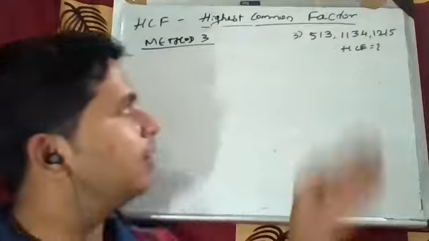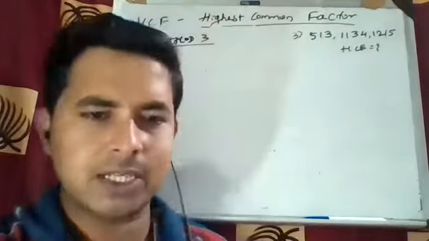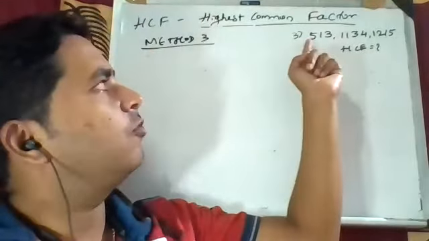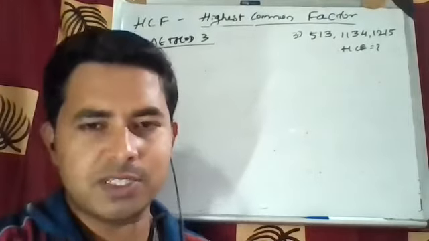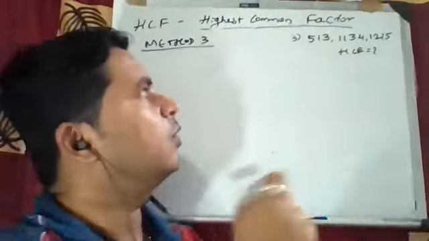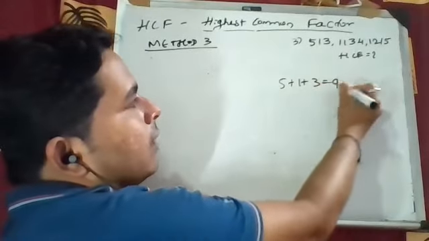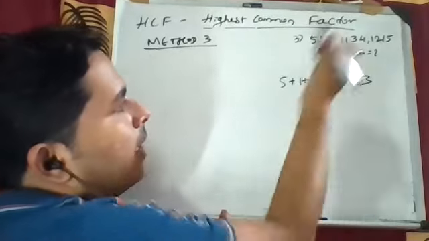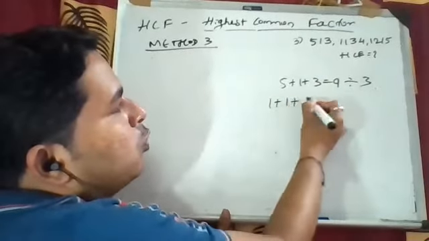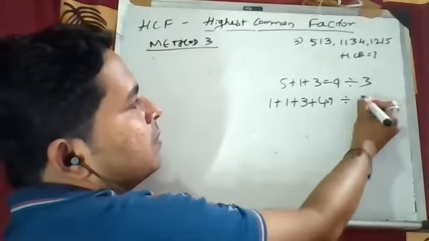So here 3 is common. See how to do it here. You have to know the divisibility methods. For 3: 5 plus 1 is 6, 6 plus 3 is 9, so it divides by 3. Next, 1 plus 1 is 2, 2 plus 3 is 5, 5 plus 4 is 9, which divides by 3.